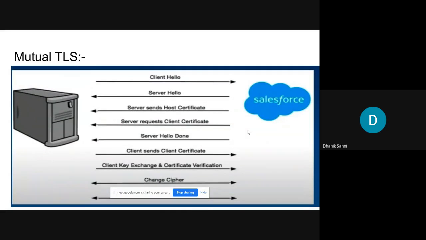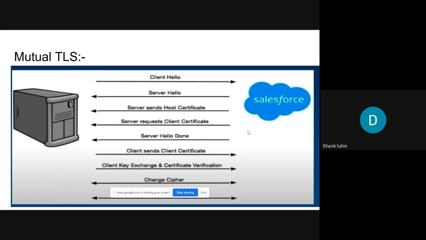Now, mutual TLS, I mean the mutual certification, we just heard about, and how this establishment actually happens. So you can see that Salesforce is the server, and this is the CPU picture which is the client. The client says a hello message to Salesforce, then Salesforce responds with a certificate, and the Salesforce server requests a host certificate, a client certificate.